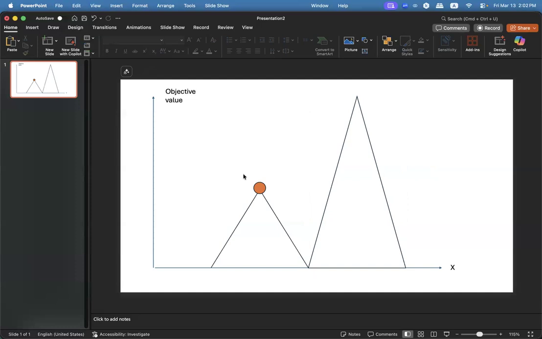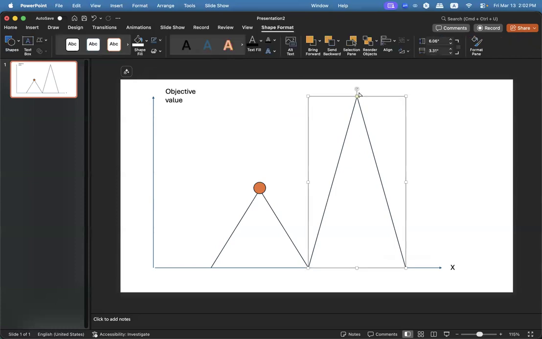Going left here, the objective value will fall down. Going right, the objective value will fall down. So it stays right here. It doesn't go anywhere. But we know from the graph that the optimal value should be over there. So that is the issue with Hill-Climbing: it can get stuck at a local optimal.